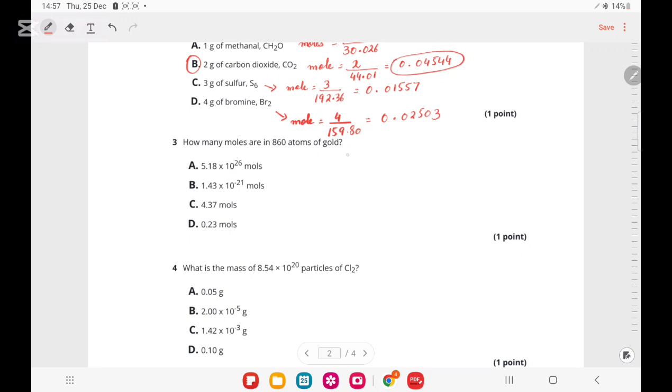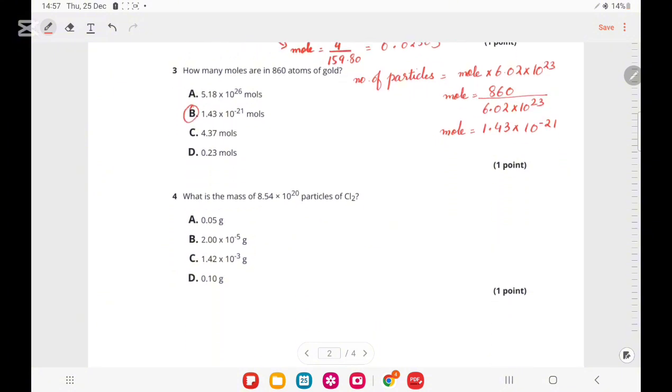So I'm going to use number of particles is equal to mole times Avogadro's number, and mole is equal to number of particles, here 860, divided by 6.02 times 10 raised to power 23, and mole is equal to 1.43 times 10 raised to power minus 21. So right answer is going to be B there.